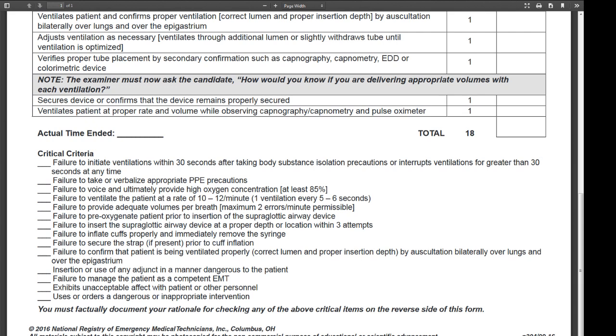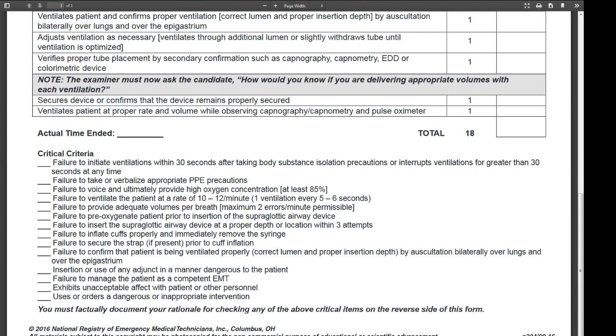Failure to ventilate the patient at a rate of 10 to 12 breaths per minute, one ventilation every 5 to 6 seconds. Failure to provide adequate volumes per breath, maximum 2 errors/minute permissible. Failure to pre-oxygenate patient prior to insertion of the supraglottic airway device.